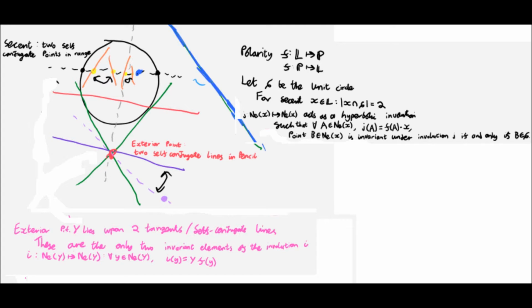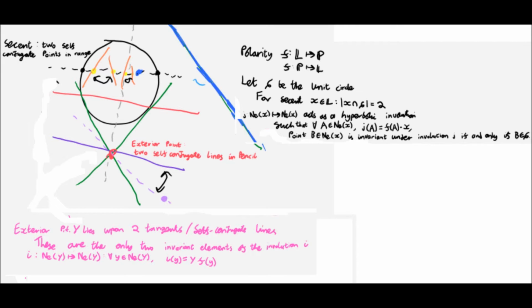So under this kind of involution, the tangent lines are going to be the invariant elements, the members of the pencil which are left unchanged.